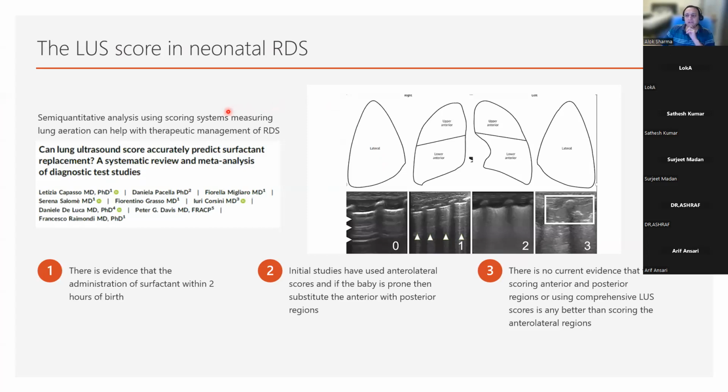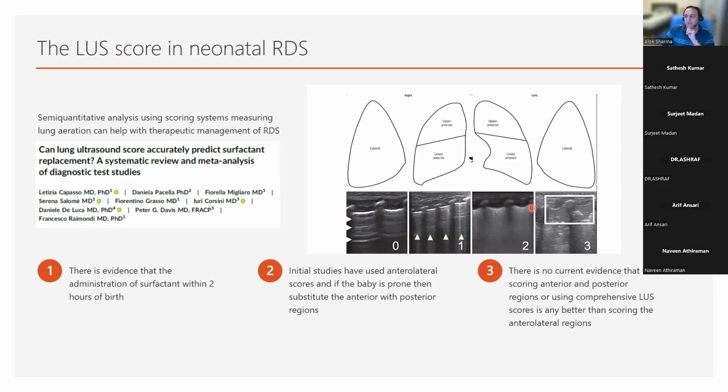A lung ultrasound score is a semi-quantitative analysis. More importantly, this score is assigned to a morphological appearance of the lung on ultrasound. As we know, we've defined the different profiles. That's A profile, score 0. That's kind of an A-B profile, which has B lines coming in and the A lines breaking up.